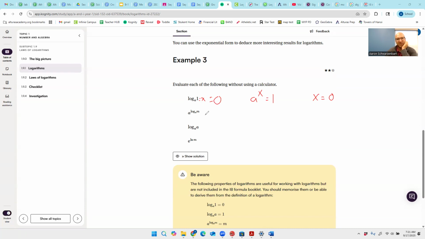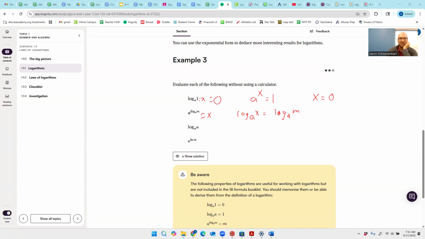A to the log a of m, so again set this equal to x, and we'll do log base a of x equals the exponent, which happens to be another logarithm, log a of m. So the base to the opposite side.